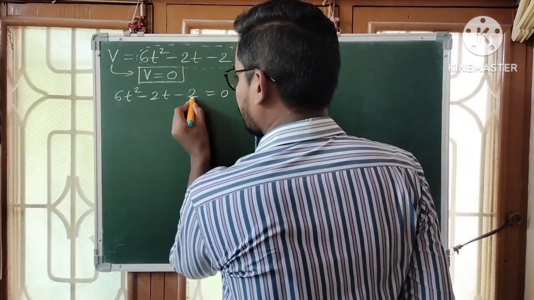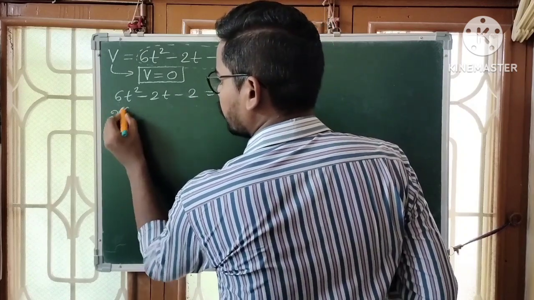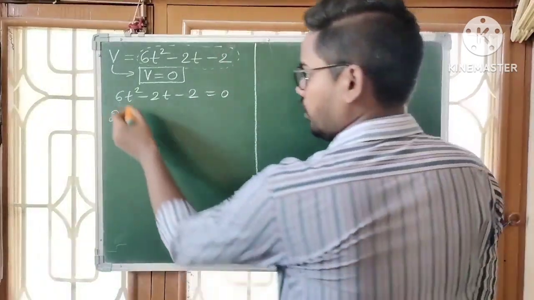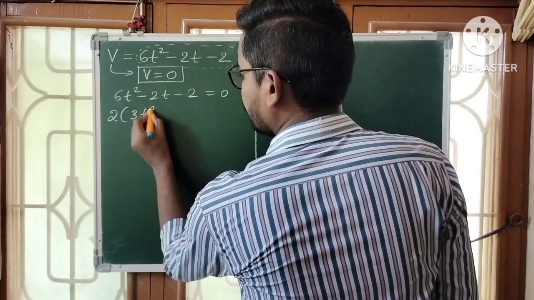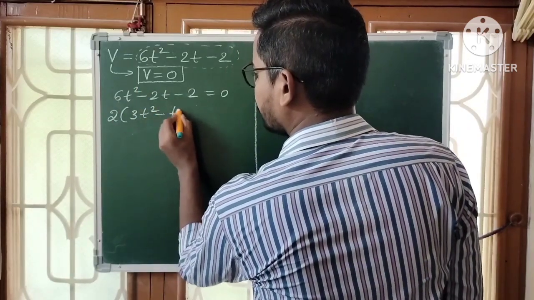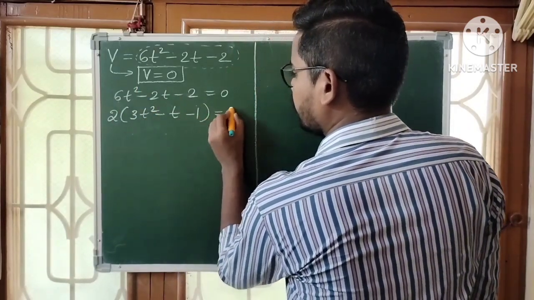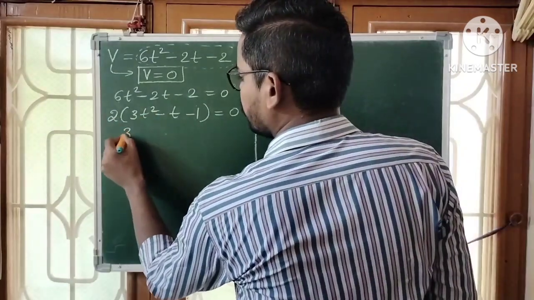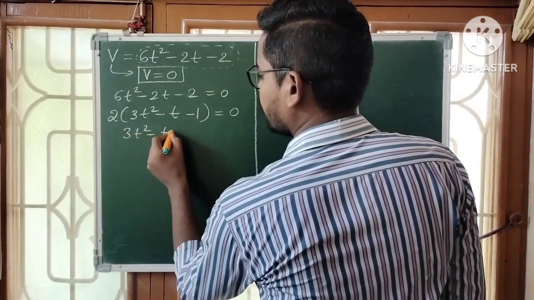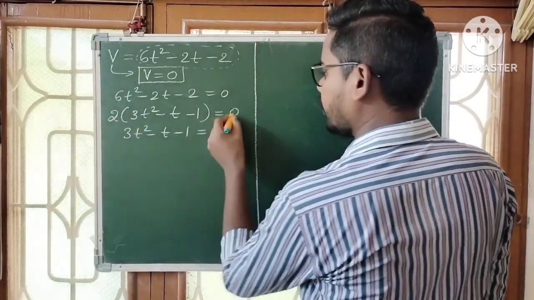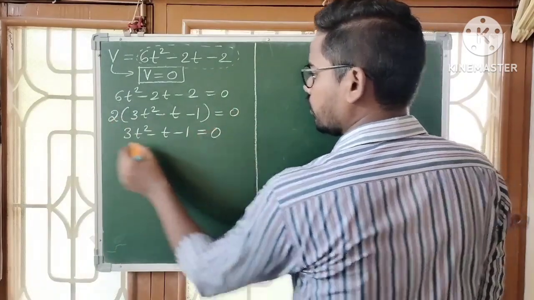Here we have 2 and here also we have 2. So take 2 common: 3t square minus t minus 1 is equal to 0. Transposing, 3t square minus t minus 1 is equal to 0 by 2, which is 0.